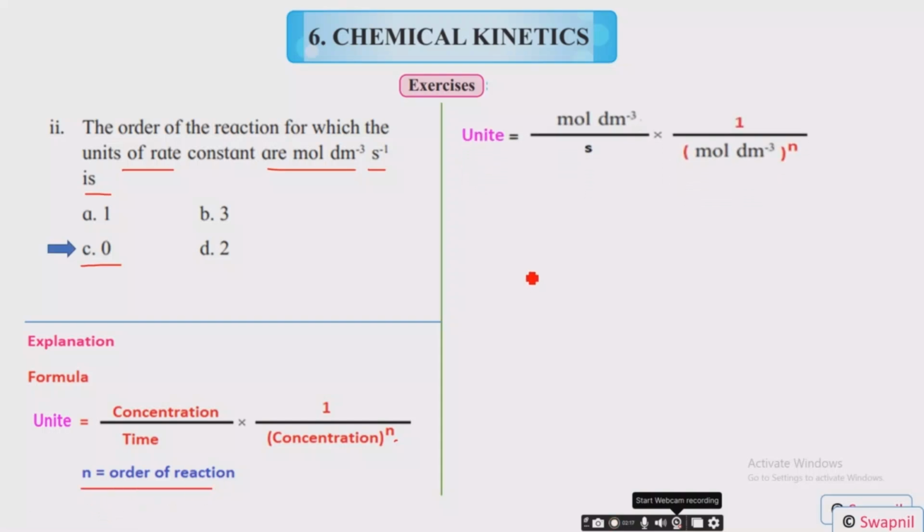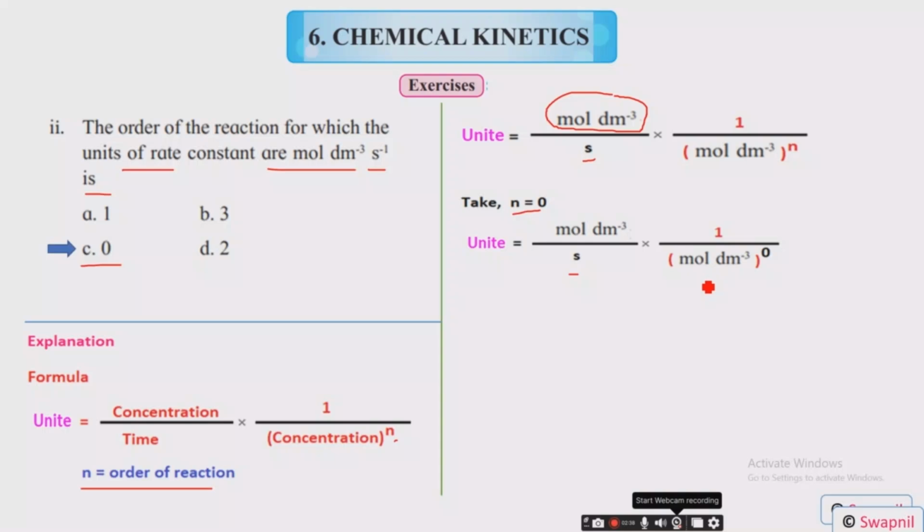We know that the concentration is expressed in mole per dm cube and time is generally expressed in second. So we have to check for n equal to 0, that is for 0 order reaction. Unit is equal to mole per dm cube divided by second into 1 divided by mole per dm cube raised to 0.